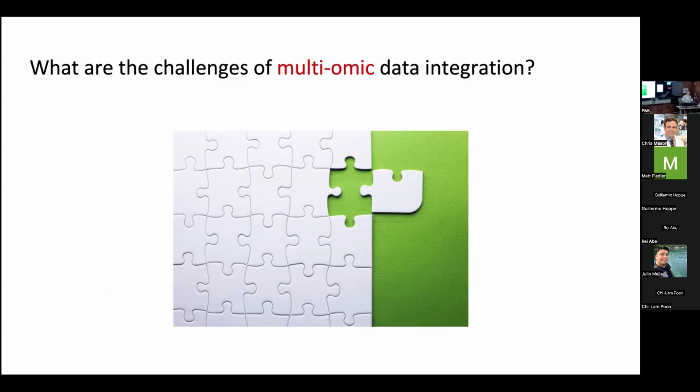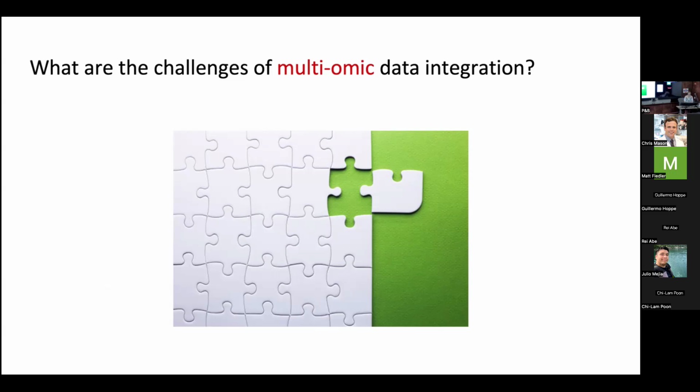Yes, so data heterogeneity is a problem. Different underlying distributions of different omics, definitely. I specifically mention somatic mutations because you may think of them as binary data: you either have a mutation or you don't. When you try to integrate a binary data set with a continuous data set, the binary data set is going to drive all of the distributions, and the continuous one is going to take a back seat to whatever is correlated with some mutations.